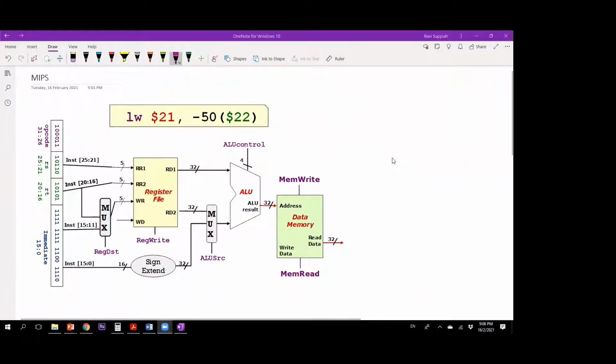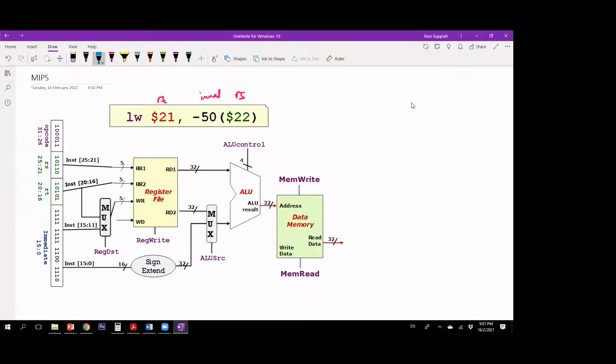Let me just go through this load word and store word, to be clear, so everybody understands. For this instruction over here, we see the load word. This is again your RS, this is your immediate, and this is your RT.